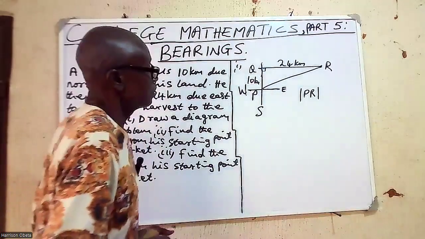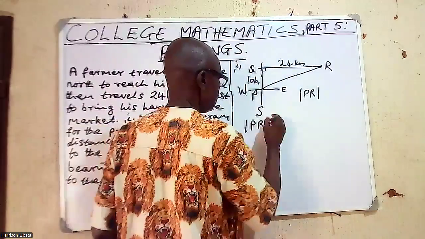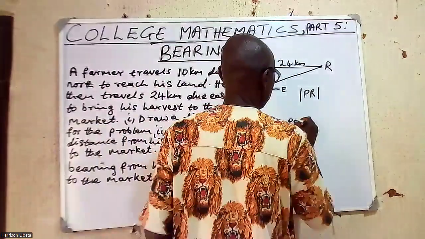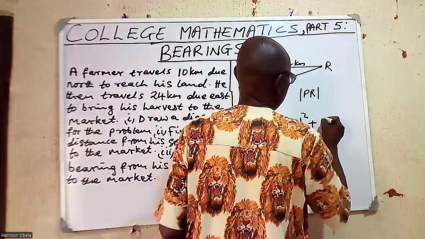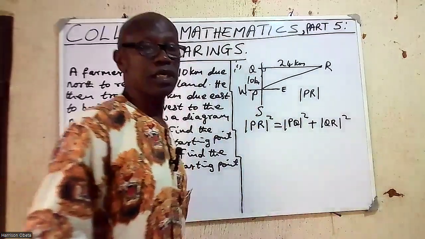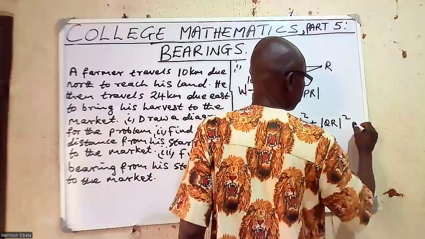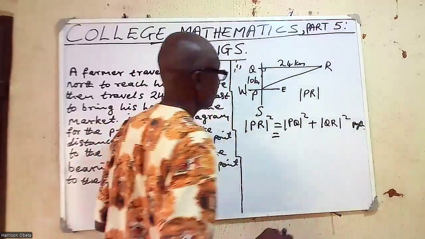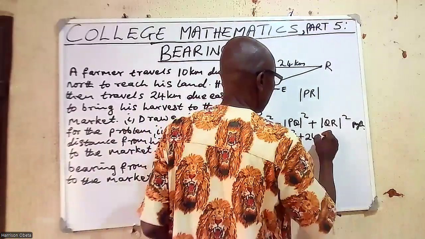PR squared is equal to PQ squared plus QR squared, because since it's a right angle triangle, we have to use Pythagoras theorem. That means PR squared is 10 squared plus 24 squared.